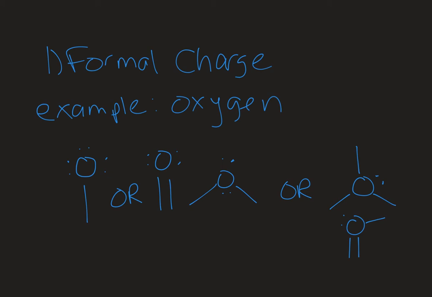So oxygen atoms have a valence of 6 electrons. That's the number of valence electrons that they have. So any oxygen atom that has 2 lone pairs and 2 bonds is going to be neutral. So these atoms in the middle are going to be neutral. Now this oxygen atom on the left here has 3 lone pairs.